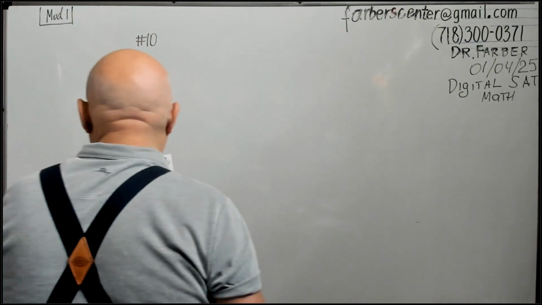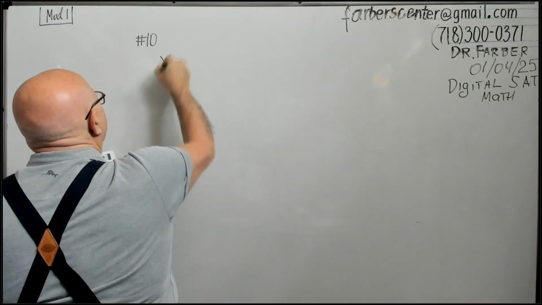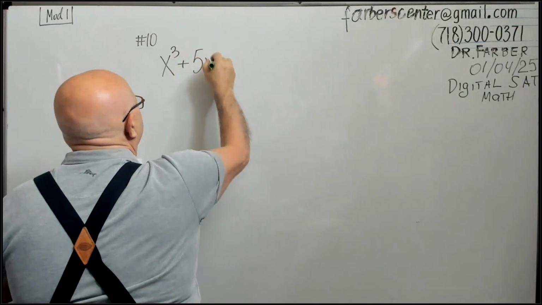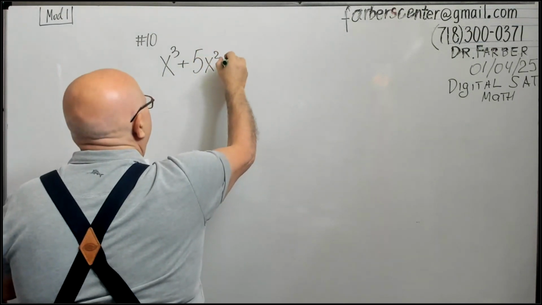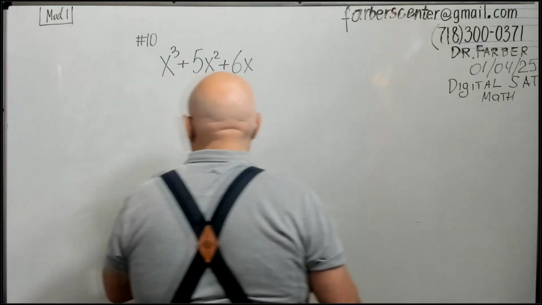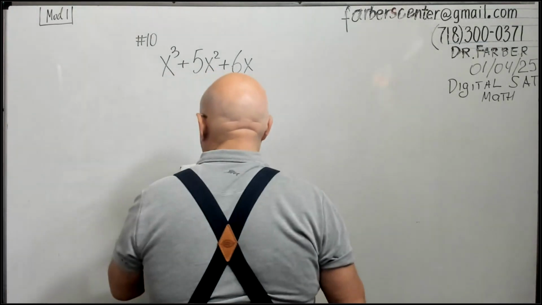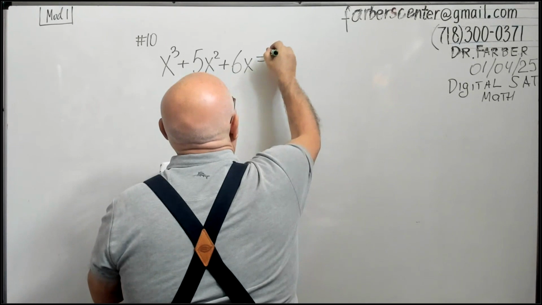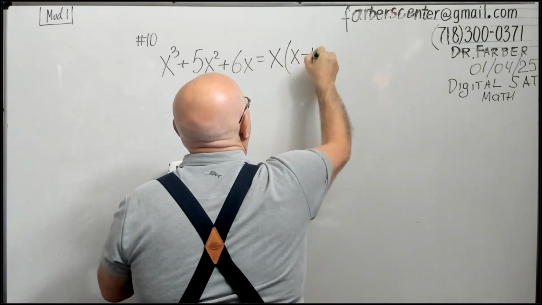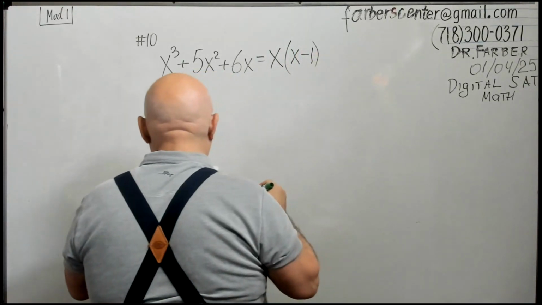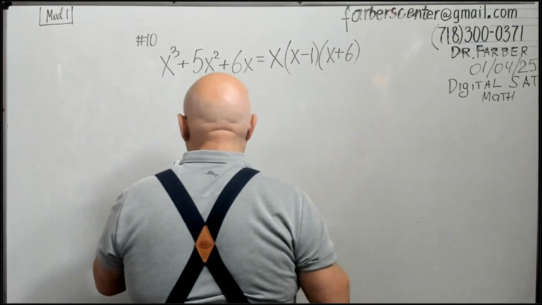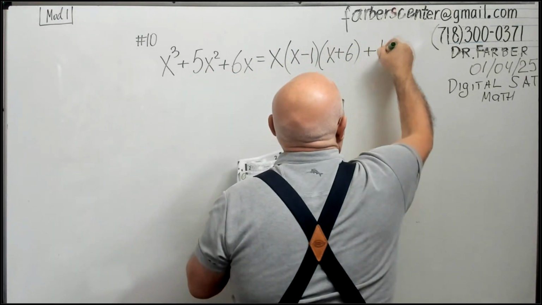Let me write what we have. x^3 + 5x^2 + 6x = x times (x - 1) times (x + 6) + kx.